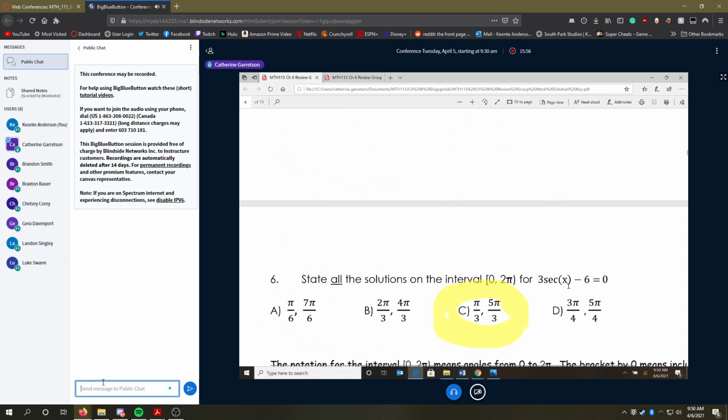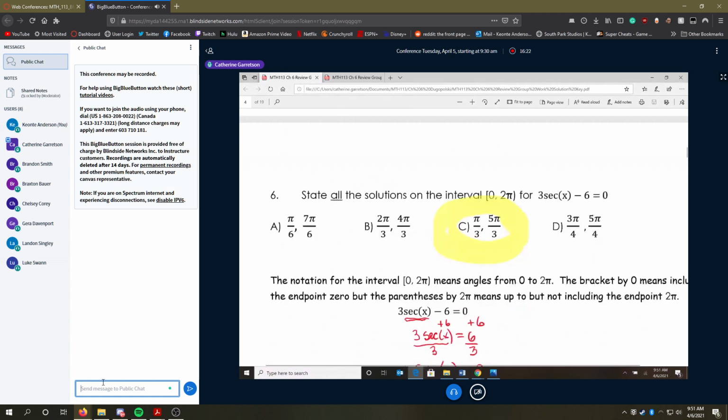So there's an order. I want to undo the adding or subtracting before I undo multiplying or dividing. So I'm going to add the 6 to the right side and then divide by 3. And that will isolate my secant for me. And it'll end up being a positive 6 divided by 3, which would be a 2.